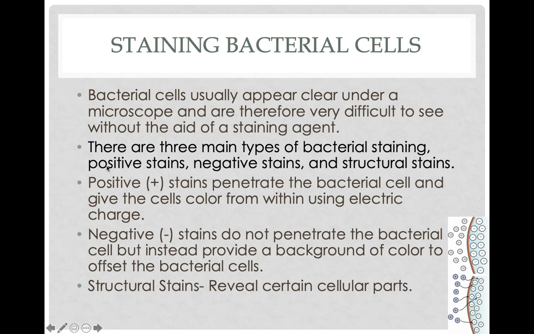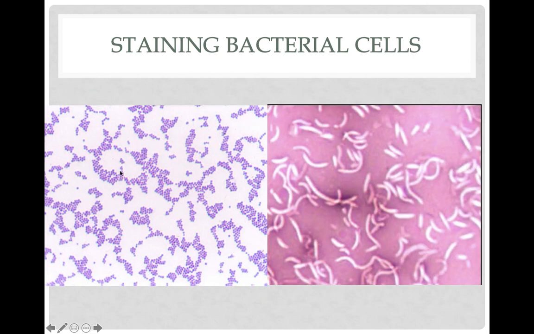So, positive type stains. This is a positive type stain underneath the microscope. This is Staphylococcus bacteria underneath a microscope. What you'll see is they have heat fixed the bacteria to the slide, and they've added stain. They let it sit for a little while, and the stain itself penetrated the bacterial cell walls.